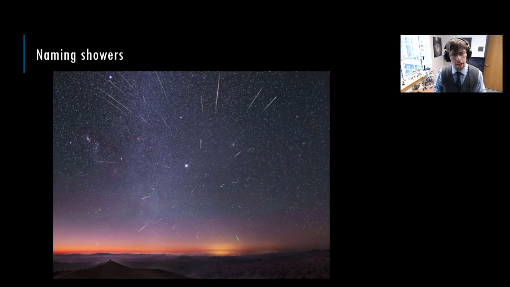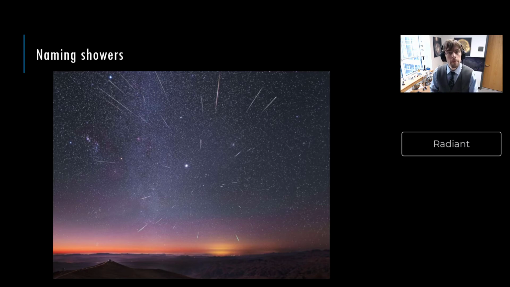You go out at night and you look up and you see these meteor showers coming in at you. The location in space from which the meteor showers appear to originate is called the radiant.